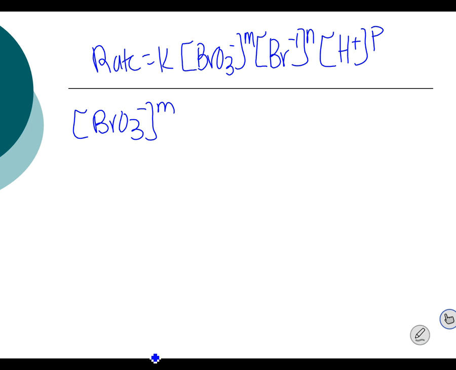Now, I like my math to be easy, so I'm going to compare experiment 2 to experiment 1. And what I'm going to do for that is I'm going to have the rate or the information for experiment 2 over experiment number 1.